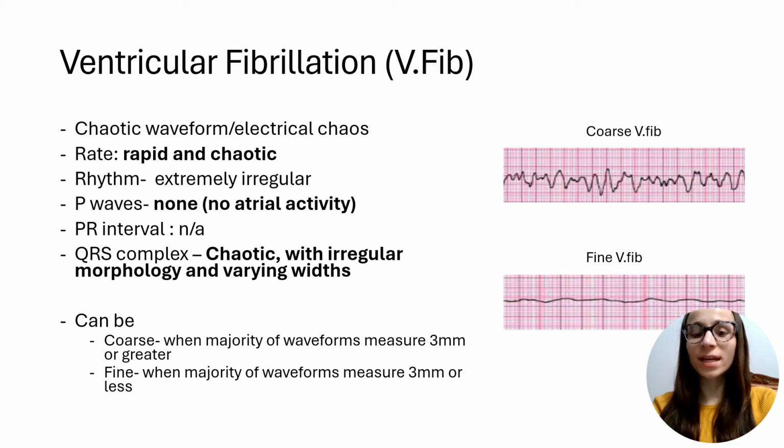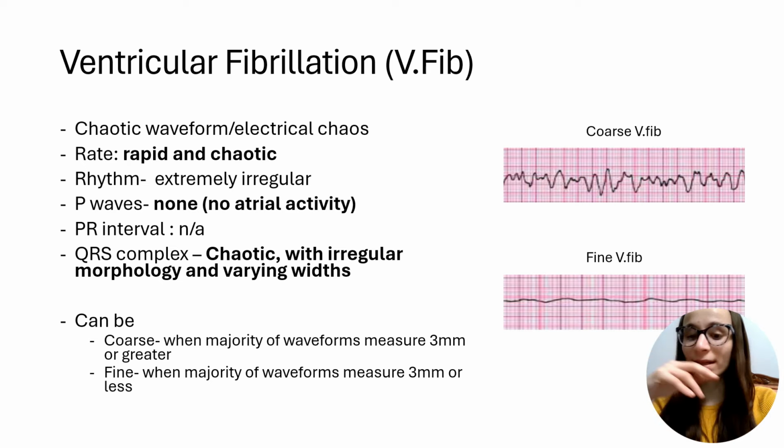What you're going to see on the EKG is just chaotic. Everything is just going to be chaotic, basically. The rate is going to be rapid and chaotic. There are going to be no P waves, because we're just talking about the ventricles. Remember, atria is the P waves, ventricles is the QRS. And the QRS complex is just going to be irregular, different widths, chaotic, as you see over here.